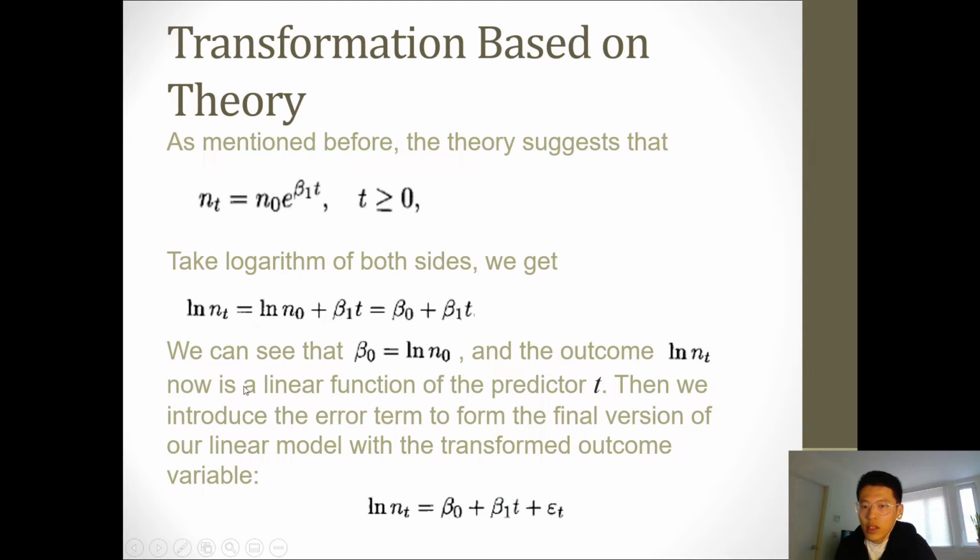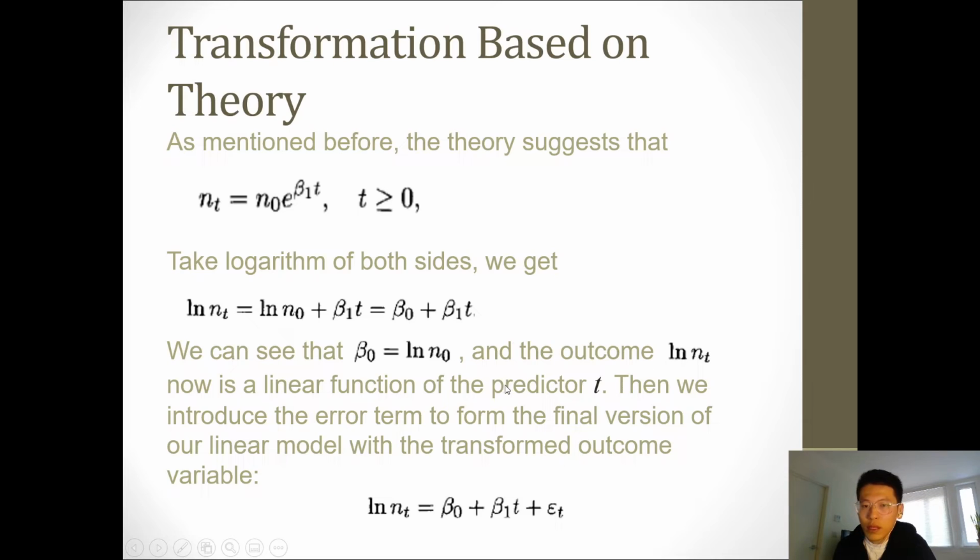So here we successfully transform the variable and make the model into a linear model. If we introduce the error term, we can form our linear model with our transformed y. You can see here, this is our model.